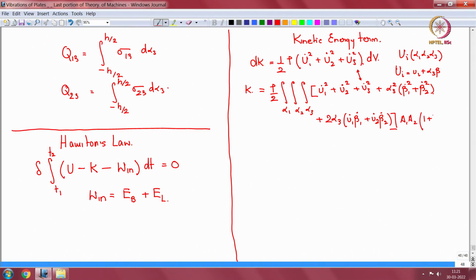Let us for now put it this way for completeness. We are going to drop this alpha 3 by r term anyway, d alpha 1, d alpha 2, d alpha 3.